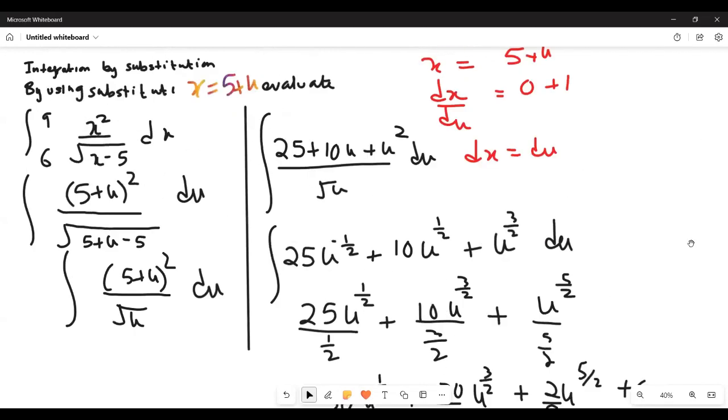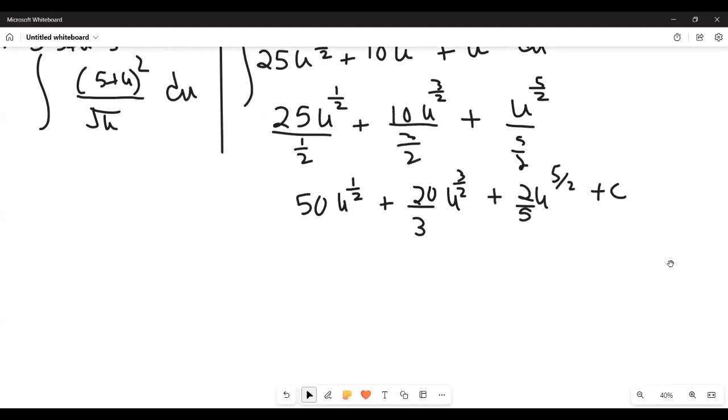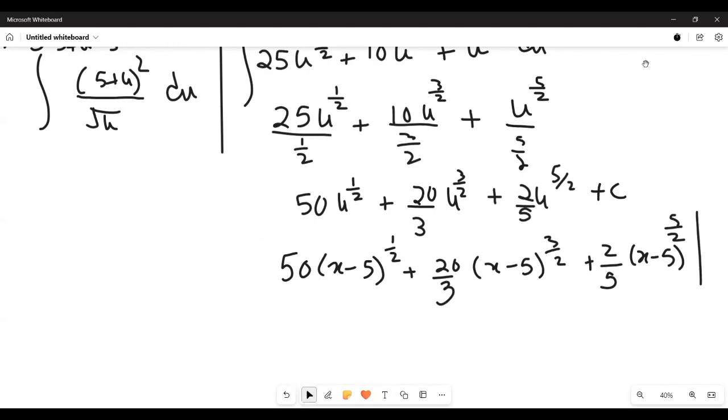So u is x minus 5. So 50 x minus 5 power half plus 20/3 x minus 5 power 3/2 plus 2/5 x minus 5 power 5/2 और प्लस c की तो जरूरत ही नहीं है क्योंकि definite integral है, limits हैं.